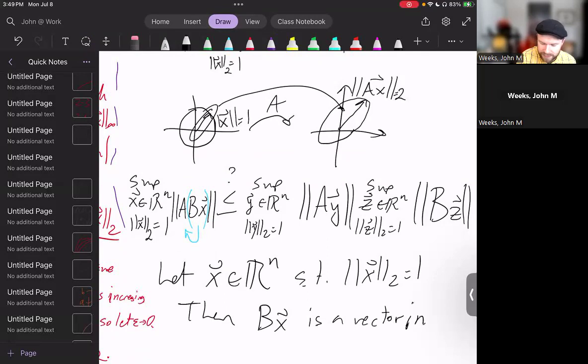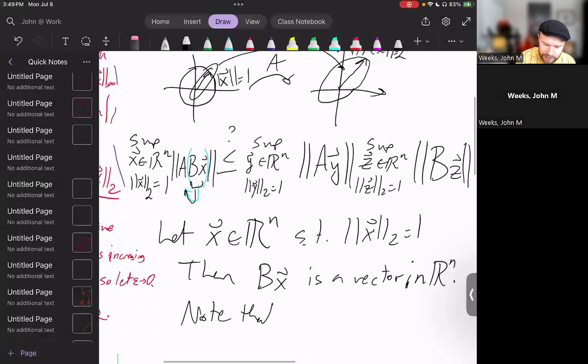What I mean by trying to specify that as a vector is that it is something that I could go through and then plug into A. And perhaps Bx is my vector that gives me my supremum, the vector that helps me achieve my norm. So that is a candidate here in the world of things that allow me to have a supremum. So I'm going to go ahead and mention that B times the vector x is a vector inside of Rn, because I'm about to use that in a particular way.